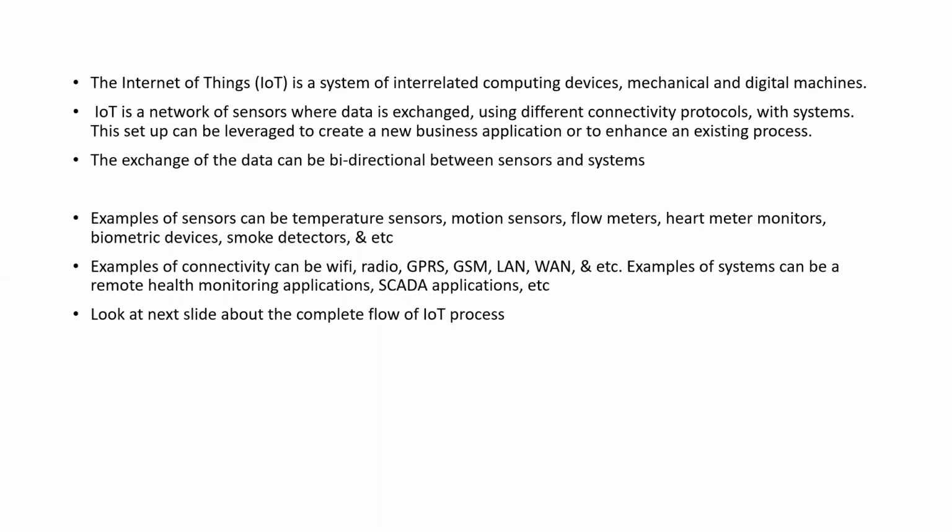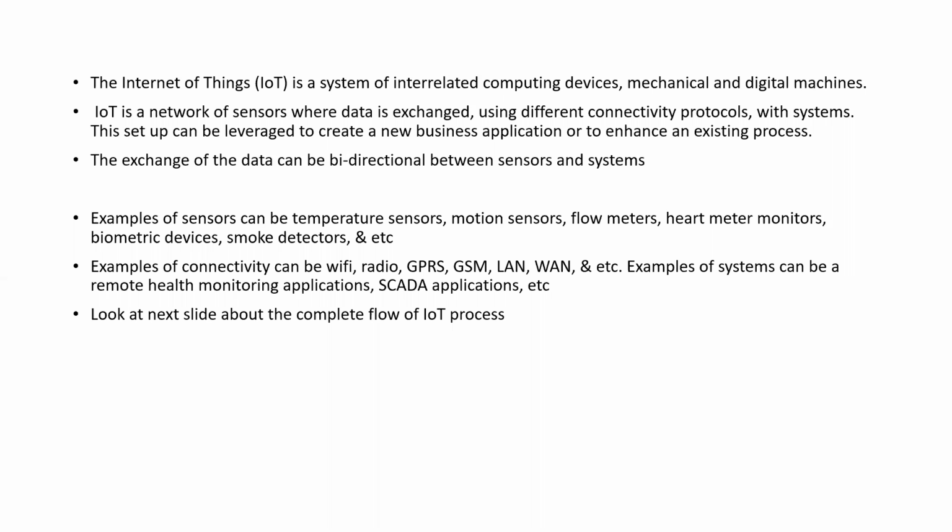With that, they exchange data between human to device and device to human with the network of sensors. This setup can be leveraged to create new business applications to enhance existing processes, as this IoT can definitely increase the value of business.